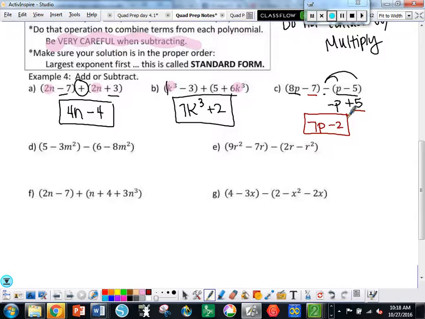Try part D then. So we have to get rid of the parentheses. You can't really subtract. That's a good way to look at it. If there are parentheses, distribute that negative. Negative 6 times A, positive 8m squared. Let's combine the m's first.